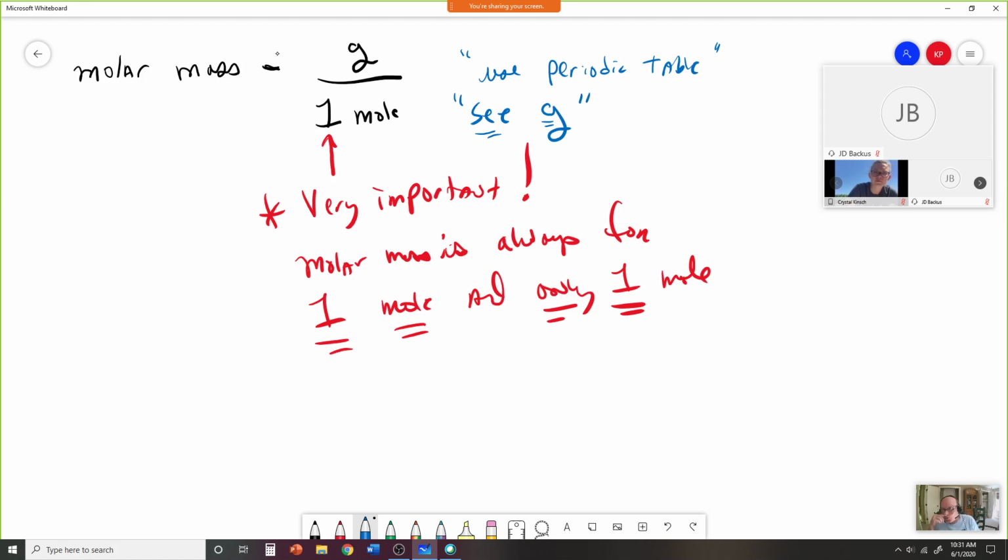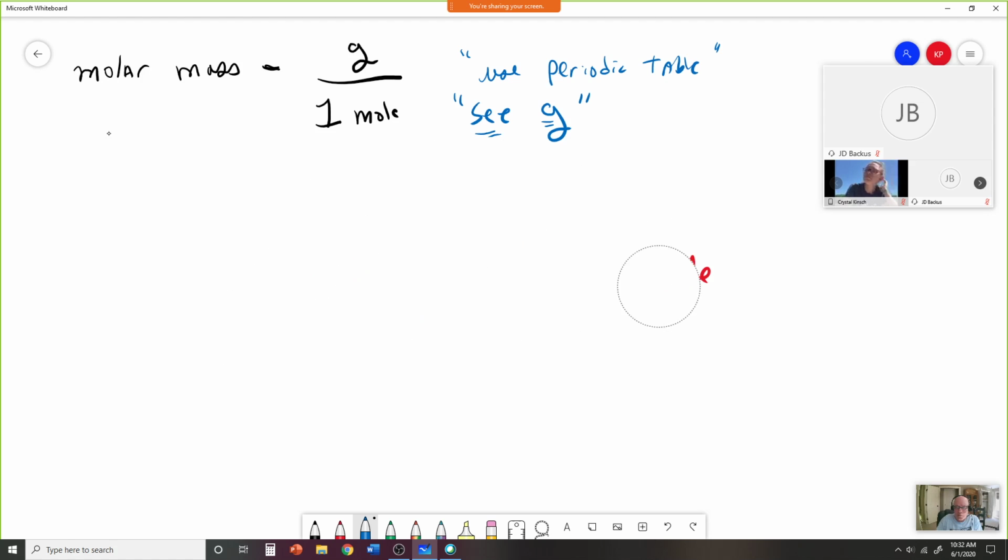How do we find it? We use the periodic table. When do we use molar mass? Anytime you see grams. Anywhere in the problem you see grams, we're going to use the molar mass. Let me erase this stuff in red here because I want to make some room.